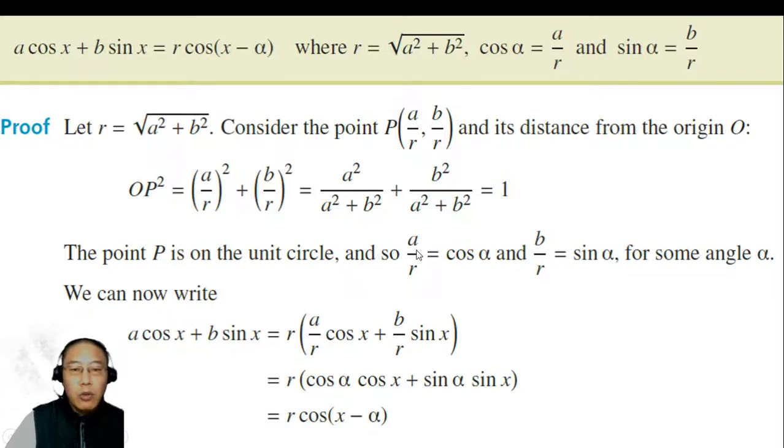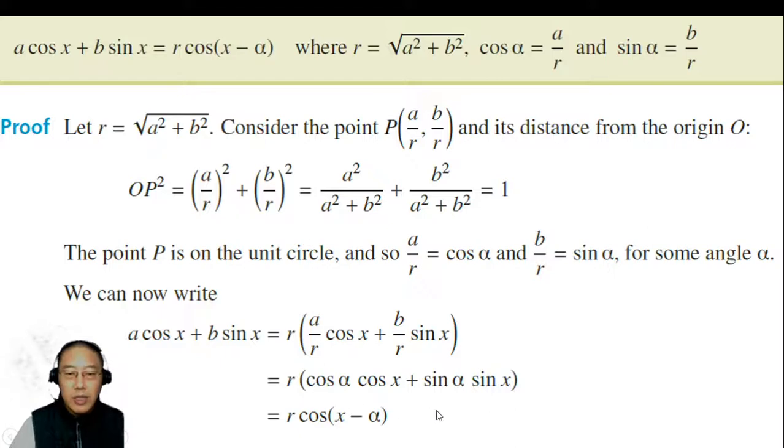Once we have the coordinates in terms of alpha, we go back to the original relationship. To get the ratios a over r and b over r, we factorize the radius r. We substitute a over r and b over r by cos of alpha and sine of alpha, and then it should look familiar.